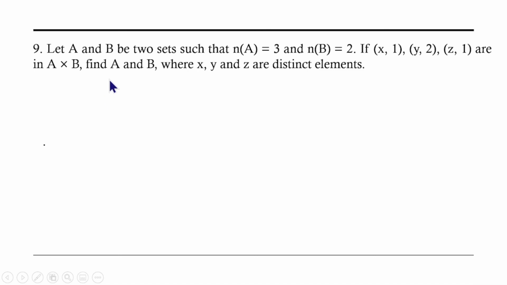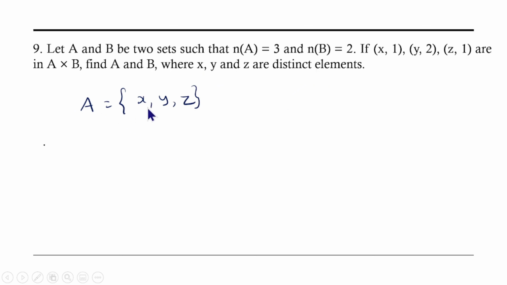This is very easy. All the first elements in the ordered pairs will be in A, and the second elements are from B. So A is equal to {x, y, z}. So these are the three. Now these are the first members in each of the ordered pairs, x, y and z, and it is given x, y and z are distinct elements.